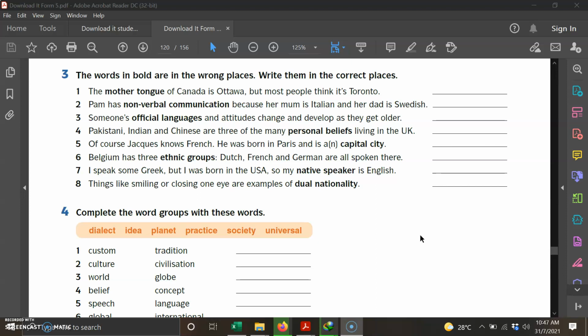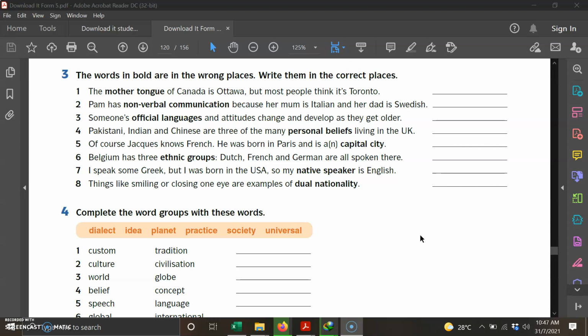Let's do number 1 together. The mother tongue of Canada is Ottawa. Mother tongue means bahasa ibunda. So you need to replace the words mother tongue with other words in bold in the exercise. Bahasa ibunda Kanada ialah Ottawa, but most people think it's Toronto.